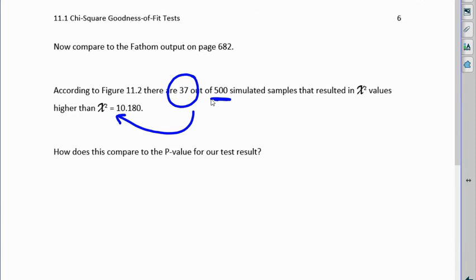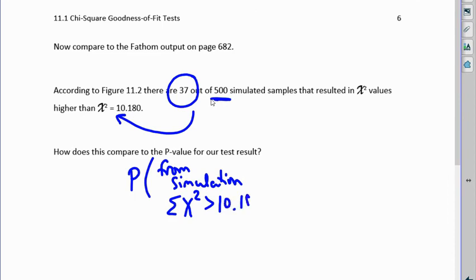So how does this compare to our p-value for our results? If I say my p-value from the simulation, where the sum of the chi-squareds was greater than 10.180, there were 37 times that this happened out of 500 trials, and that would have given me a p-value or probability of 0.074.